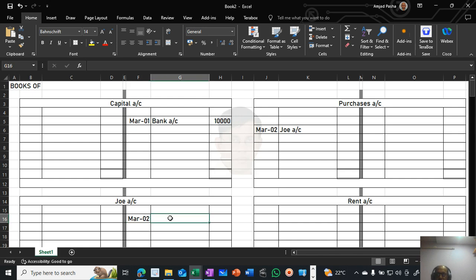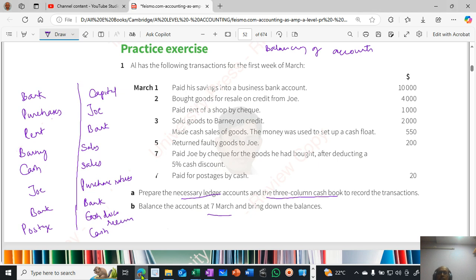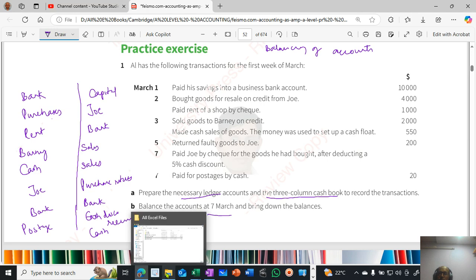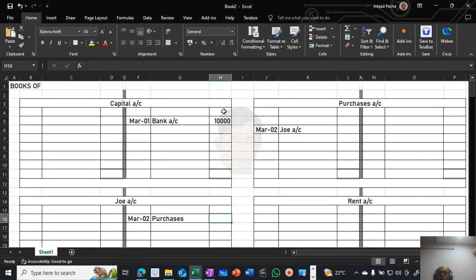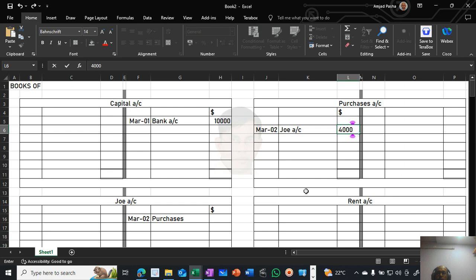So what is the amount? The amount is 4,000. Then what is the next entry?